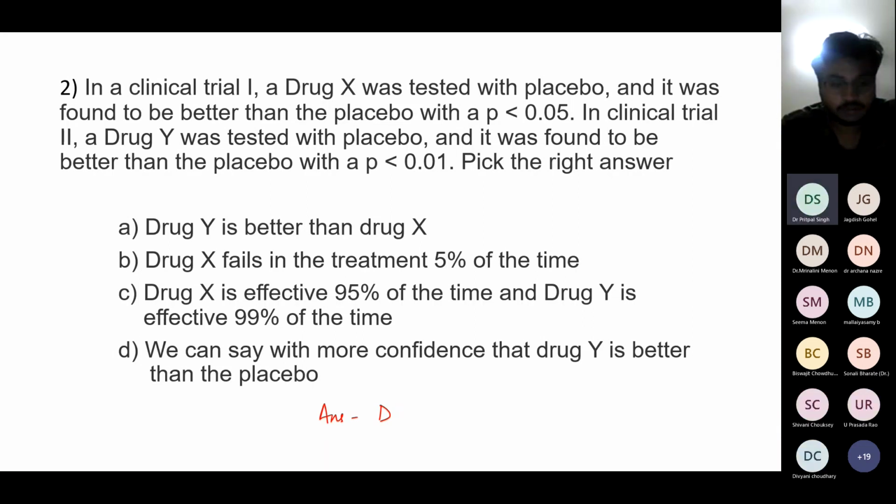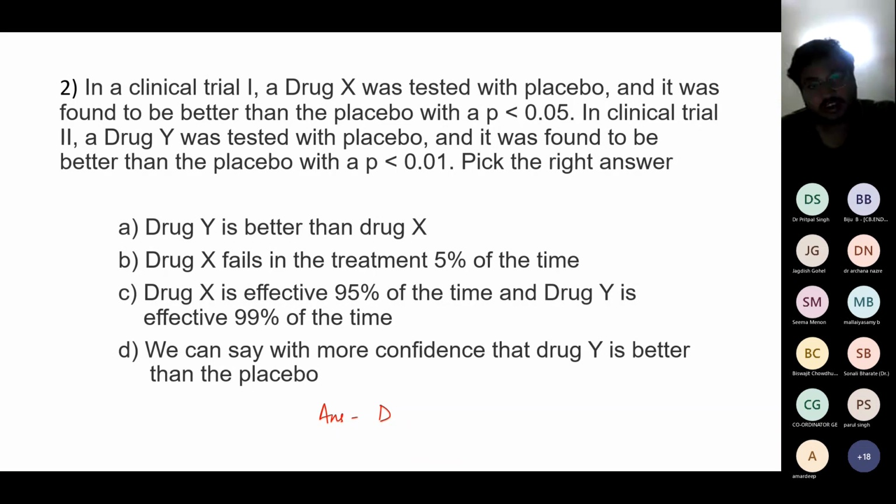So with respect to p-value, we have to compare the drugs. If we are given an exact p-value, say 0.03 for drug X, we would have said that drug X is effective 97% of the time and fails 3% of the time.